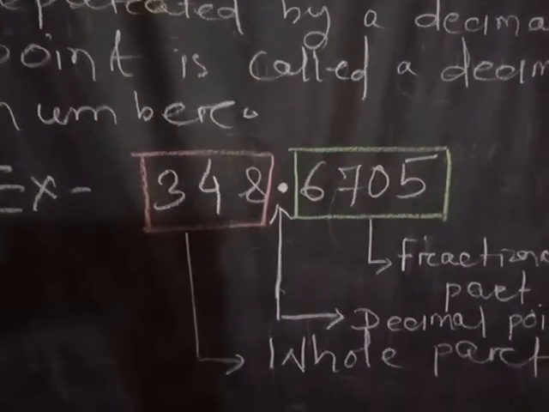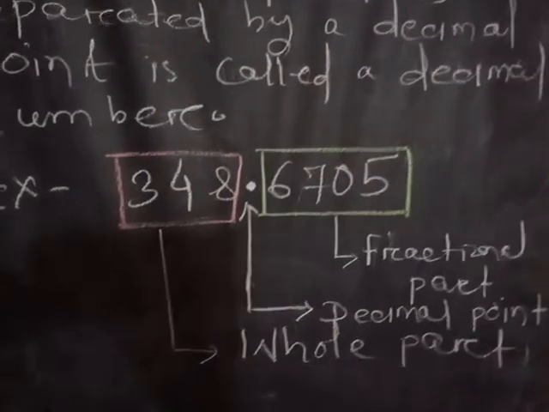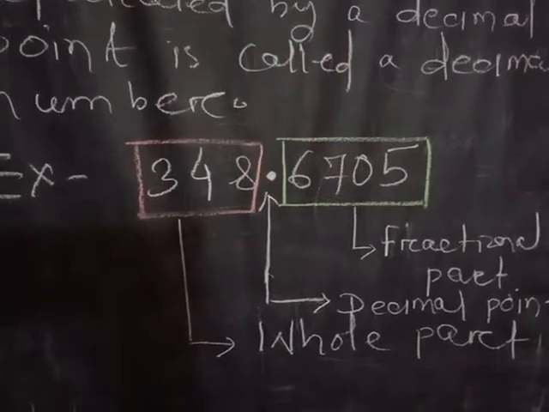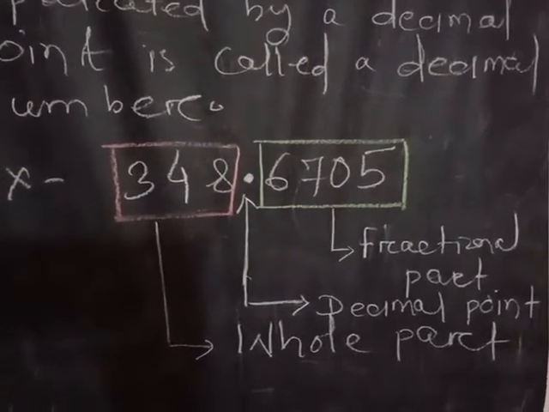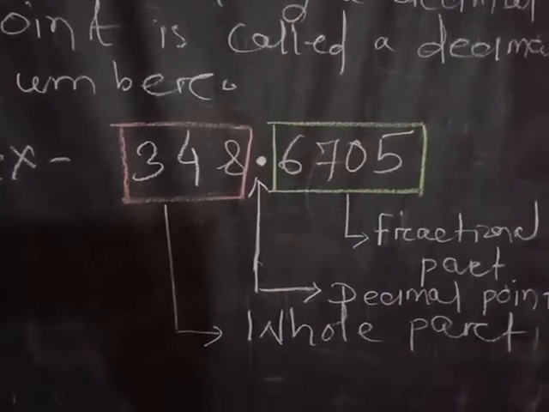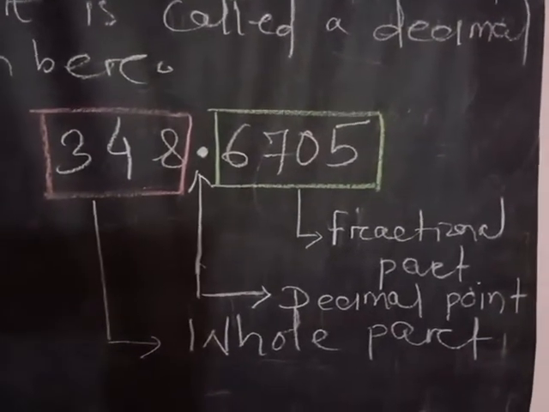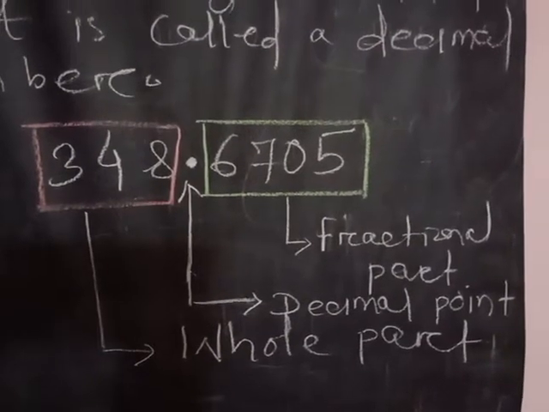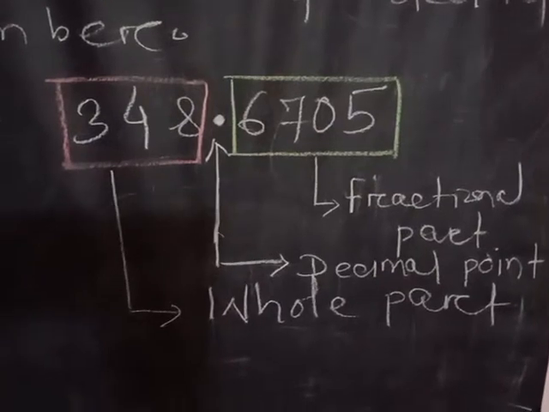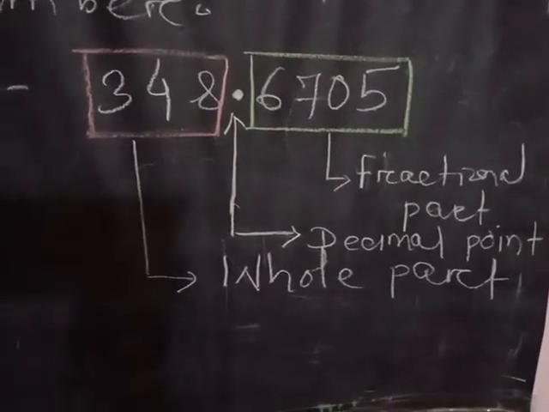This decimal point is known as the separator, which is separating the decimal number into two parts. One is the whole number part, another is the decimal part or the fractional part. Here 6705 is the fractional part. The middle point is known as the decimal point, and before the decimal point 348 is known as the whole part.